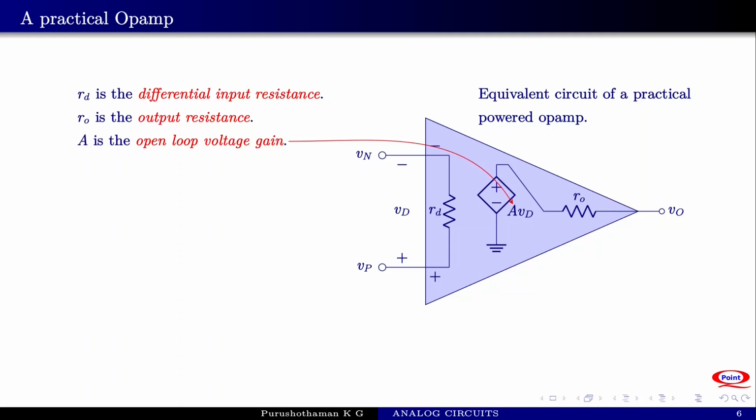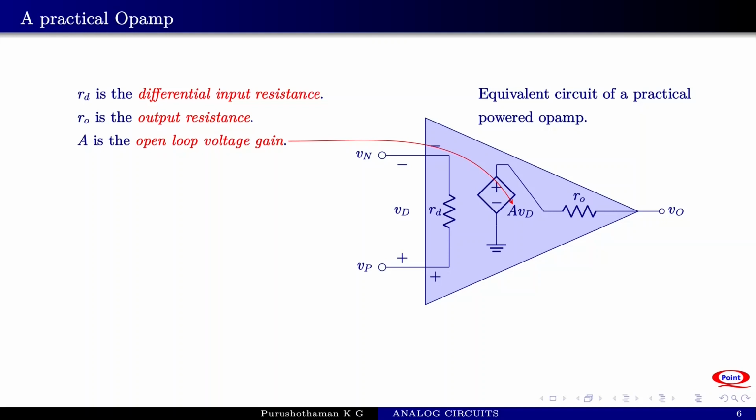Open loop voltage gain is the voltage gain obtained when no feedback is connected. Usually in some circuits there will be feedback connected, then the gain is a closed loop voltage gain.